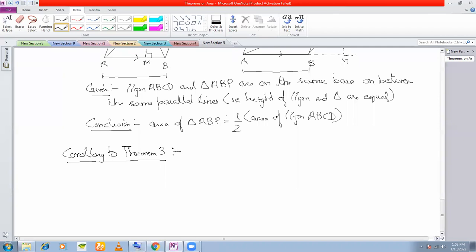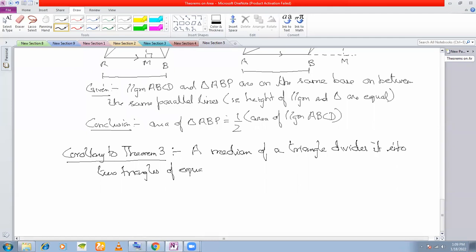Corollary to theorem 3 is that a median of a triangle divides it into two triangles of equal area. You can deduce this from this theorem.